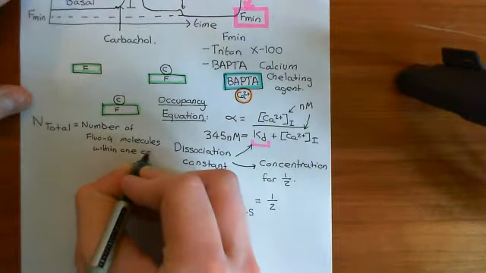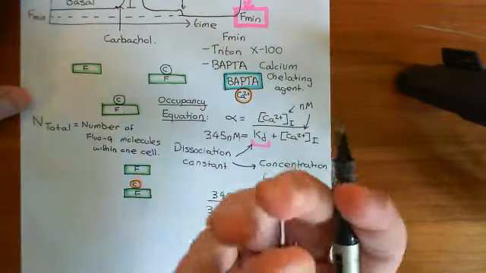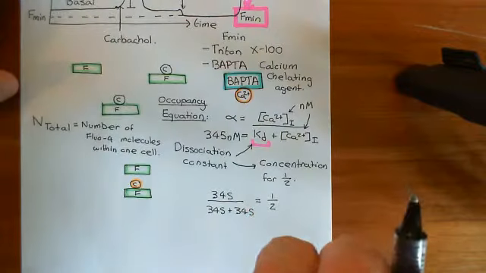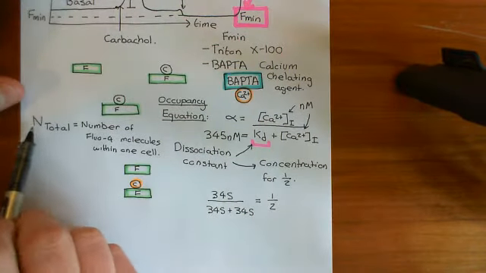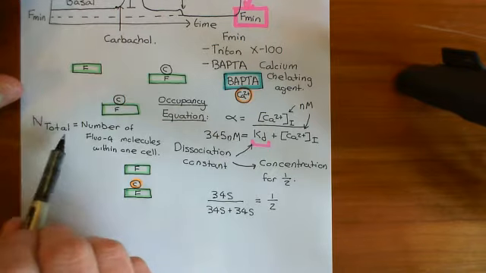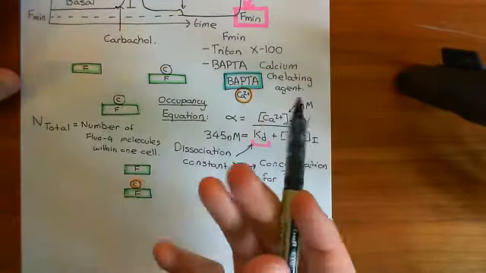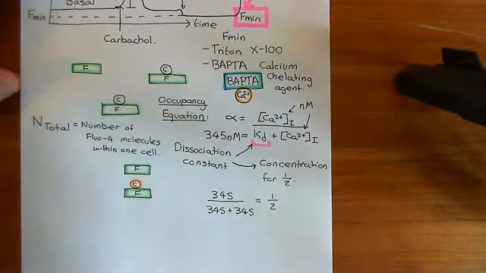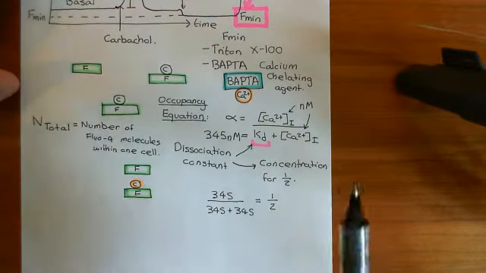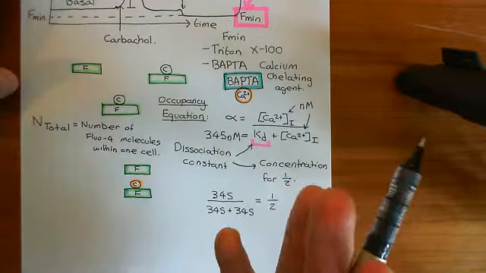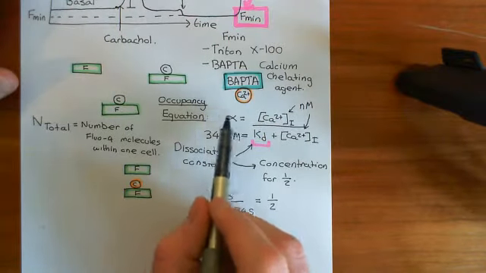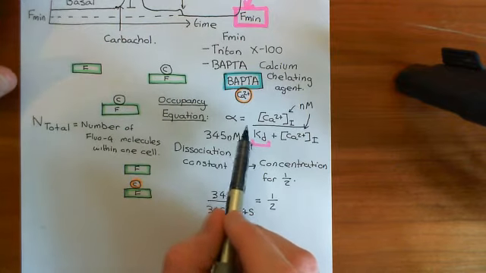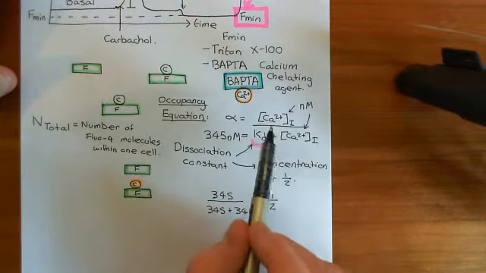Because we are assuming that each cell has the same number of Fluo-4 molecules within it, we're assuming roughly that N total is the same for any cell in this monolayer within the well. We're also assuming that the calcium concentration in the cytoplasm is the same between all the cells, and therefore the occupancy of Fluo-4 molecules in each of those cells is the same.